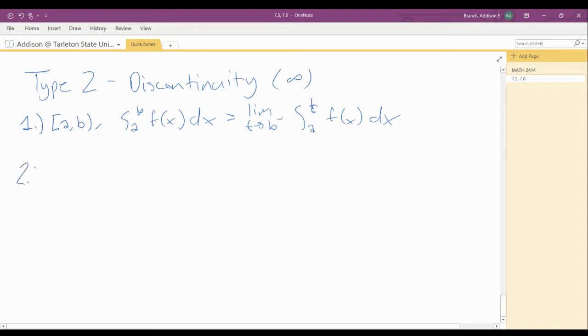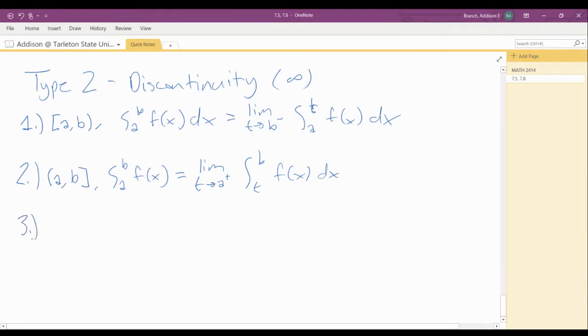Case 2 is whenever our interval is not continuous at A, but is continuous at B. And once again, we're integrating from A to B. In this case, we set our limit as t approaches A from the positive side of the integral from t to B of f of x dx.